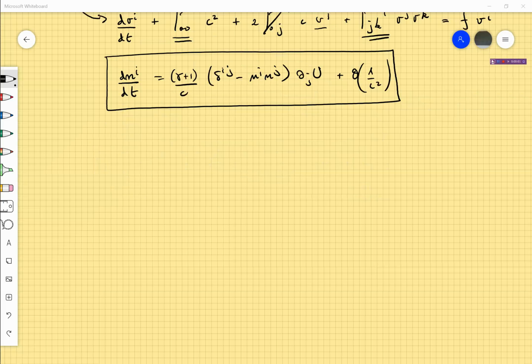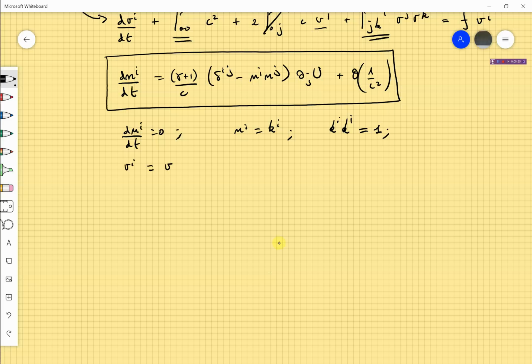Now we are going to solve this equation iteratively, order by order in 1 over c. At lowest order, the equation becomes just dN^i over dt equal to 0, and the solution is just N^i equal to some constant vector k^i. This k^i will be equal to 1 in absolute value. And once you have the solution for N^i, you go to the expression for v^i.